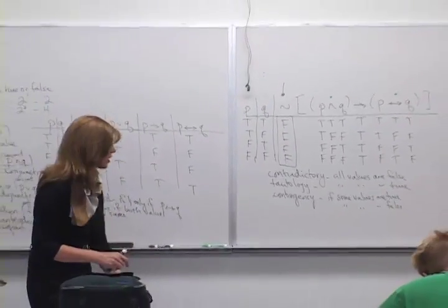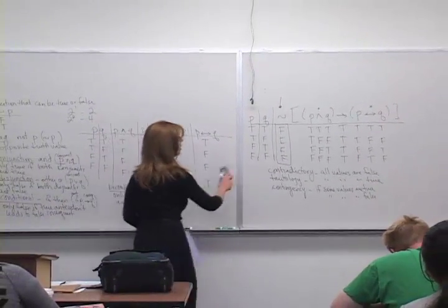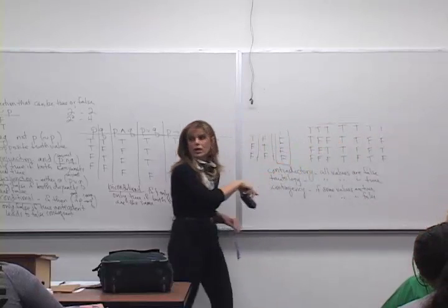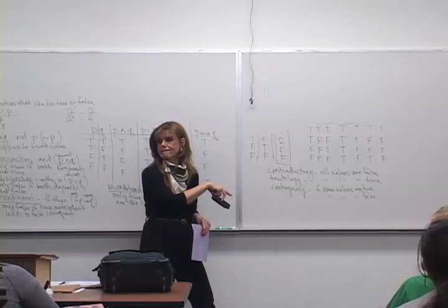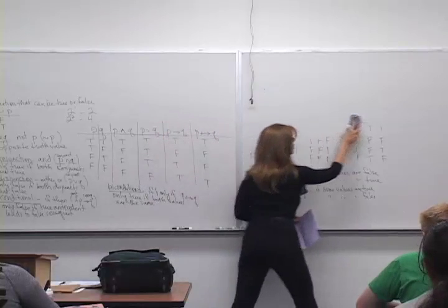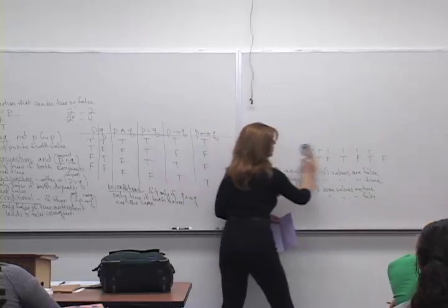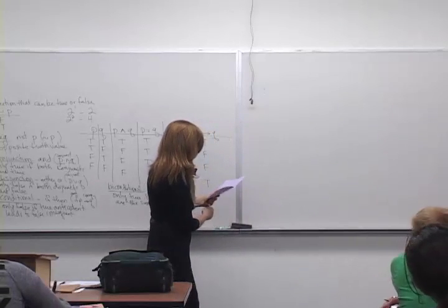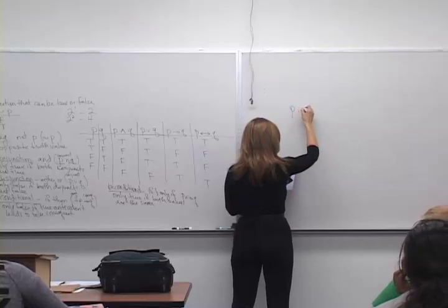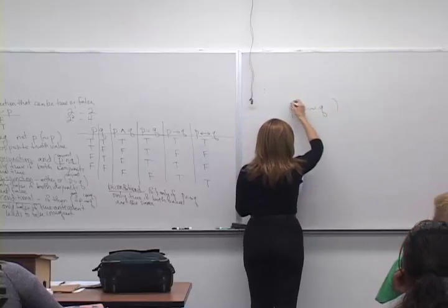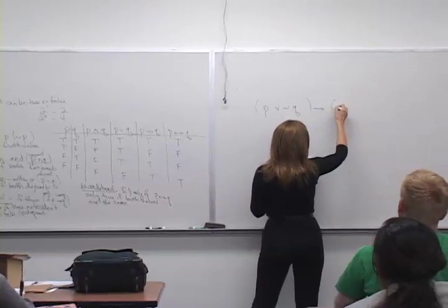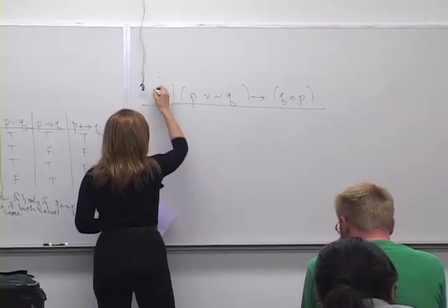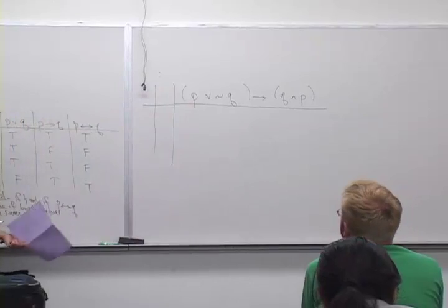Okay, so I'm going to give you another example of this, and then I'll do one with 3 variables, just so you see. Is everybody okay with me erasing it? Okay. So let's look at this one: P or not Q, then Q and P. Everybody, help me do this.